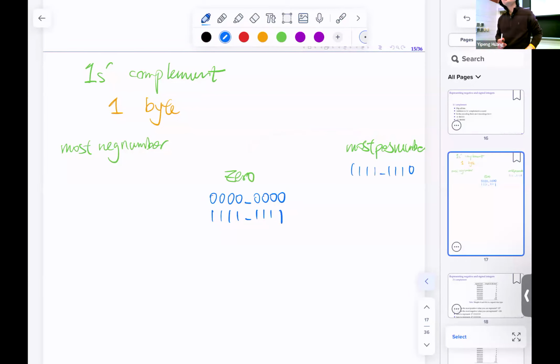Not quite. Is it 1 at the beginning followed by a bunch of zeros? Not quite either. Is it 0 followed by 1s? Yes, the most positive number we can represent here is a single 0 followed by 7 ones.